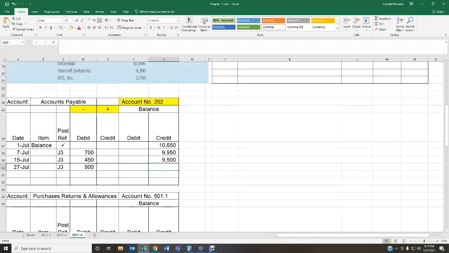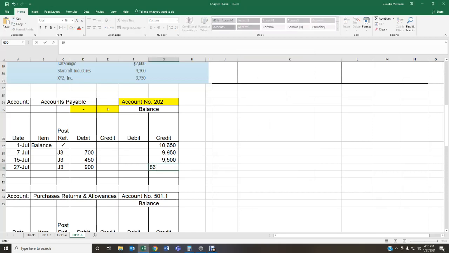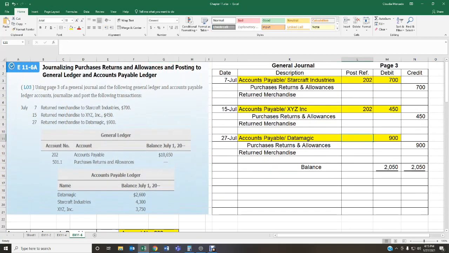So I'm going to subtract my $9,500 minus $900. That's going to give me a balance of $8,600. And then I'm going to go back over to my journal and enter a 202. You see, now all of my transactions for accounts payable have been recorded in General Ledger 202.